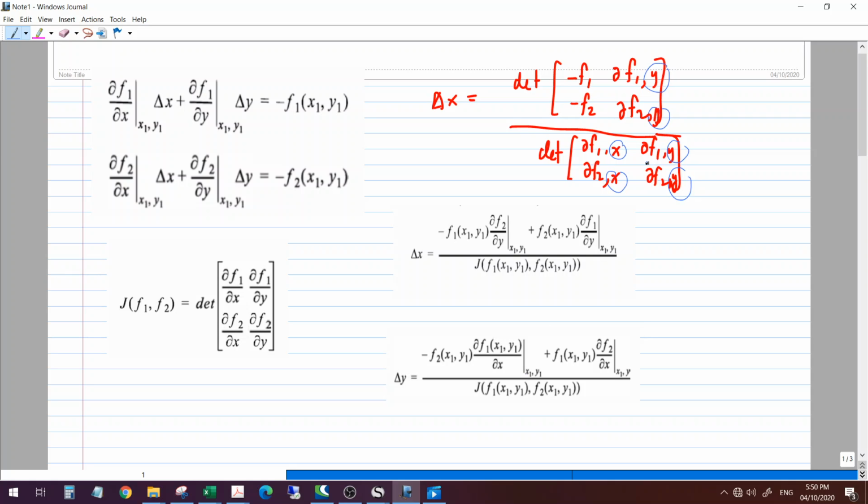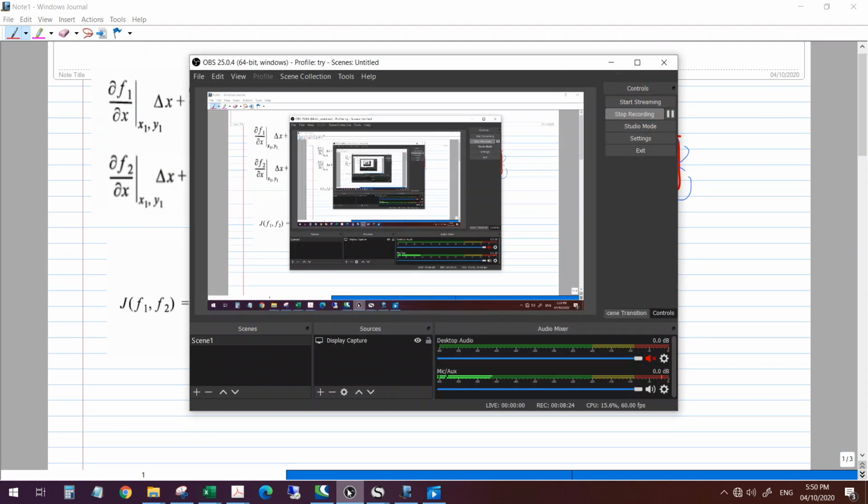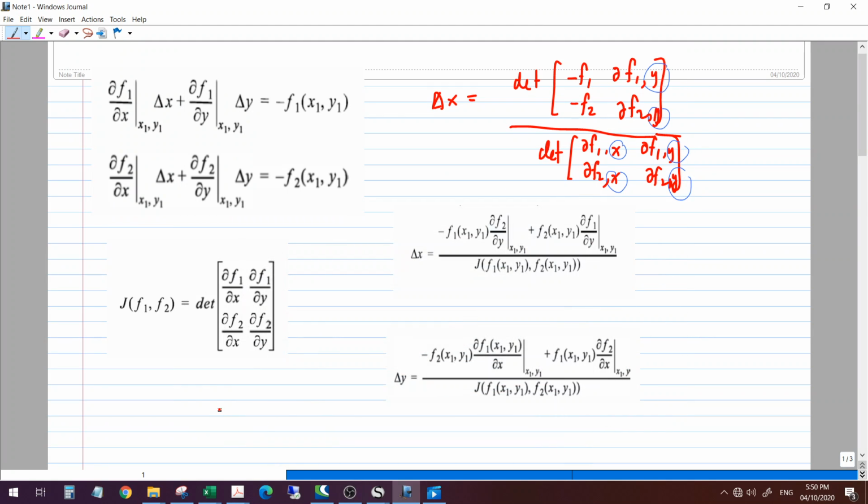Using a similar approach, delta y is equal to the determinant where I replace the second column.